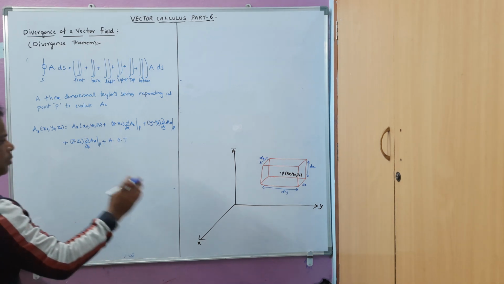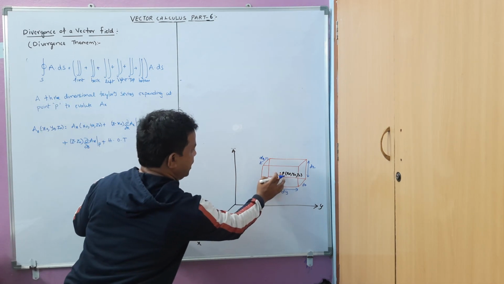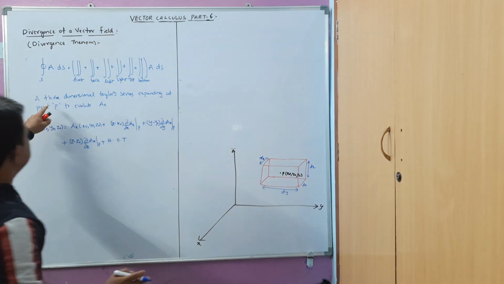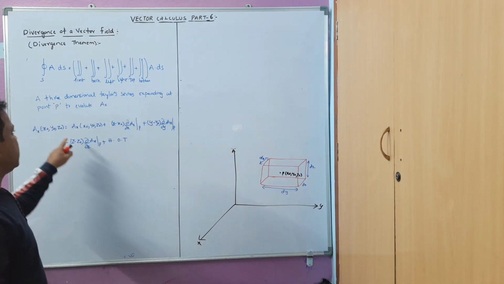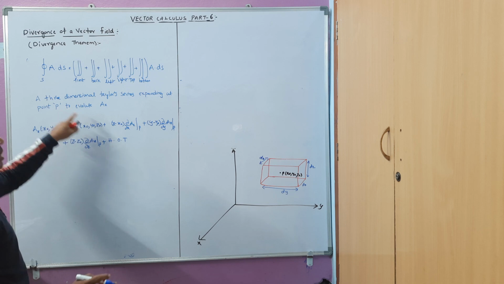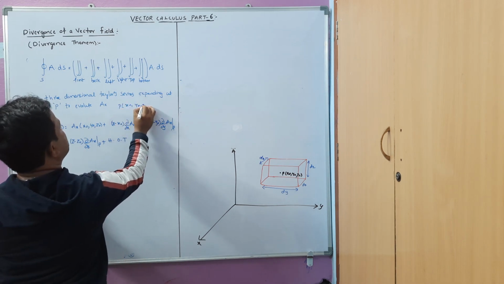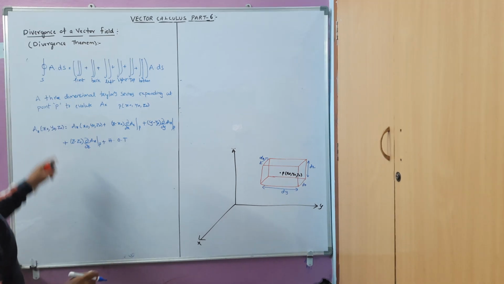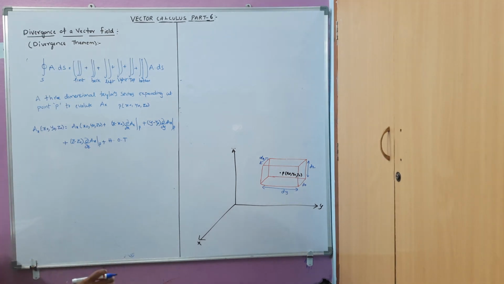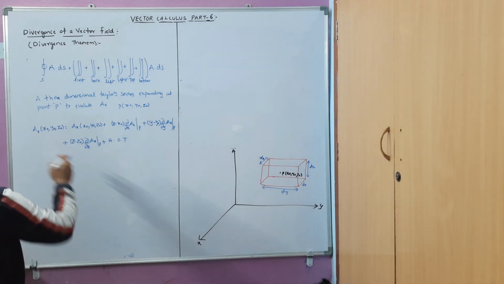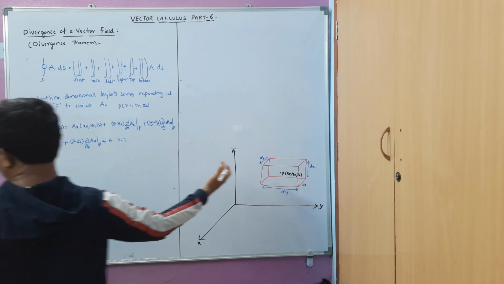So now I am going to calculate the component of Ax at this point by using the three-dimensional Taylor series at point P, which is x naught, y naught, z naught. Now, the Ax component will be along the front side.